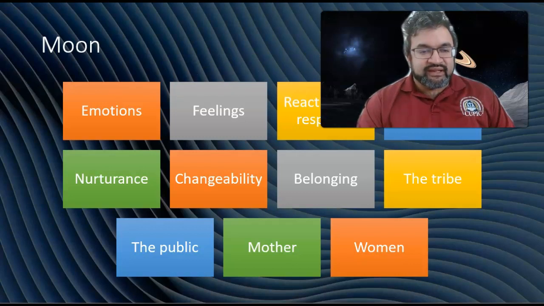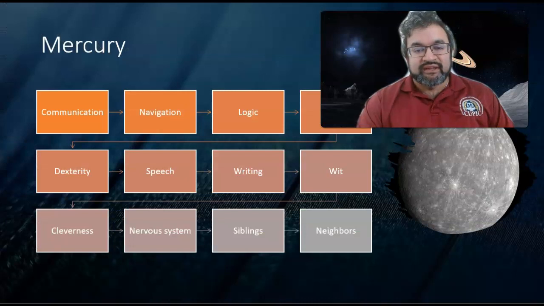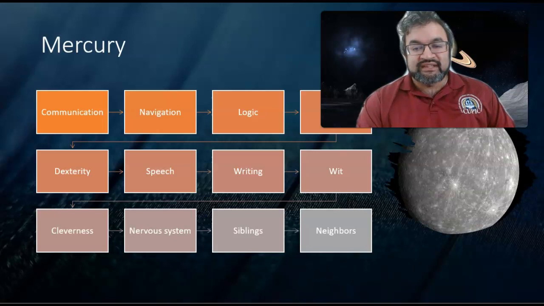So we continue onward and look at Mercury. Mercury rules Virgo and Gemini. And so the 12 characteristics of this are communication, navigation, logic, dexterity, speech, writing, wit, reason, cleverness, nervous system, siblings, and neighbors.